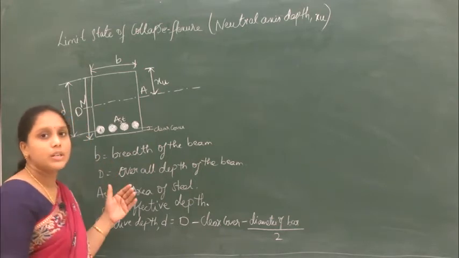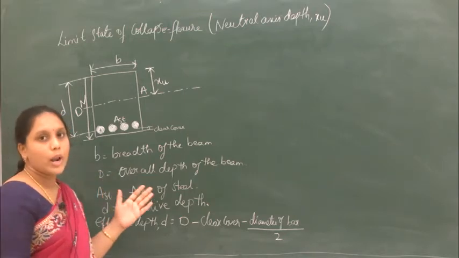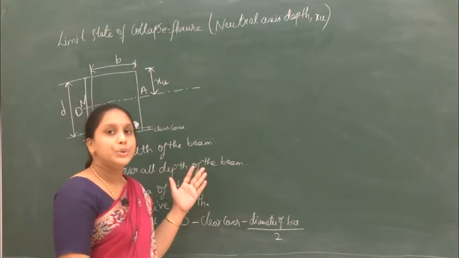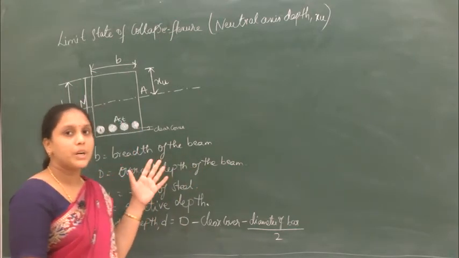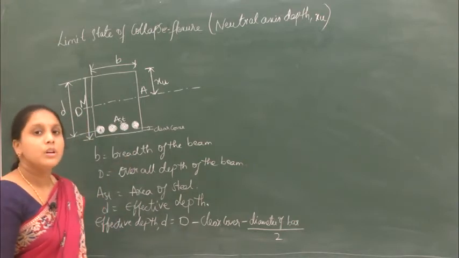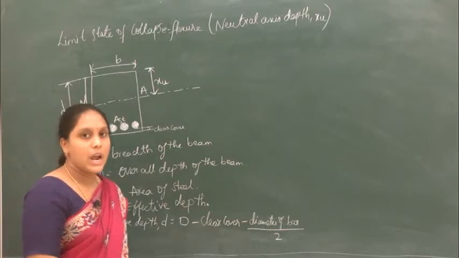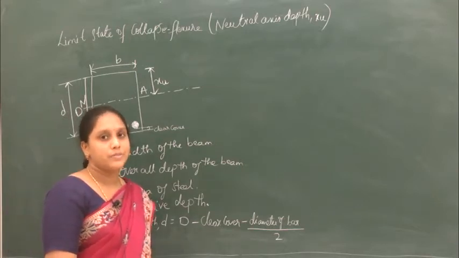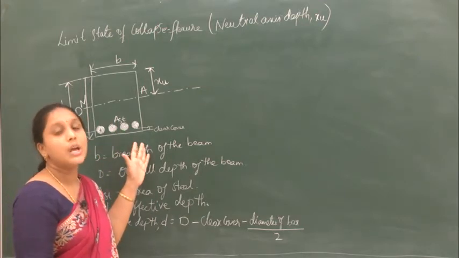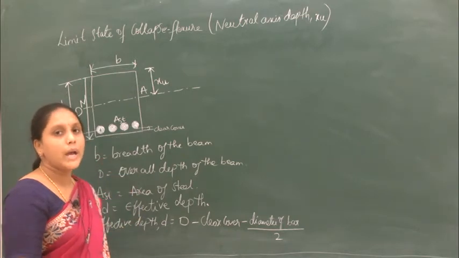So based on the assumptions of limit state of collapse flexure, we are going to find out the neutral axis depth for this particular singly reinforced beam section. First let us draw the stress and strain profiles for this section.